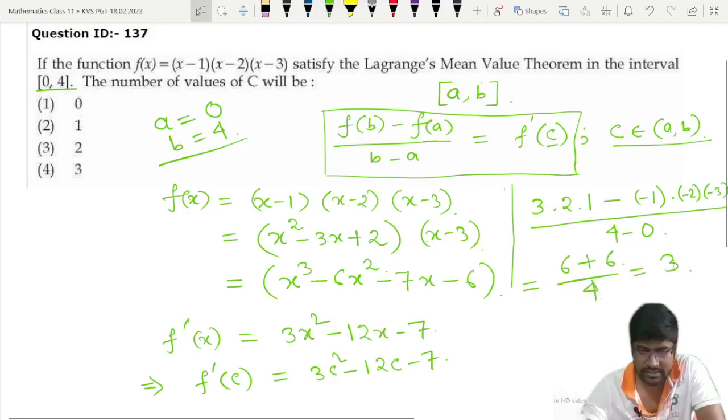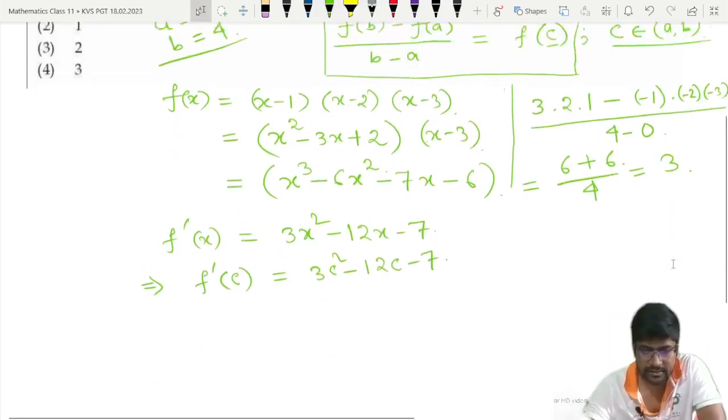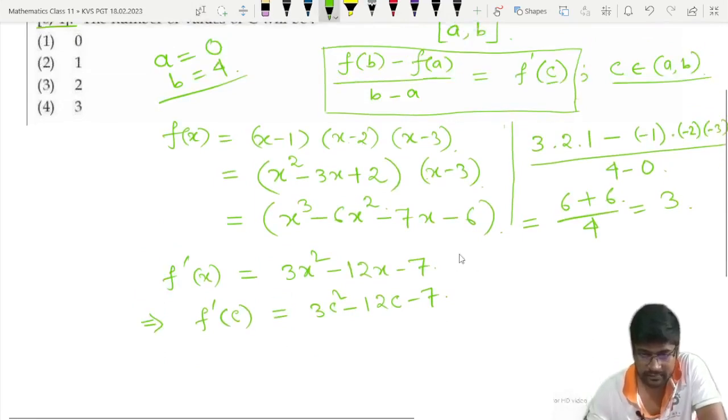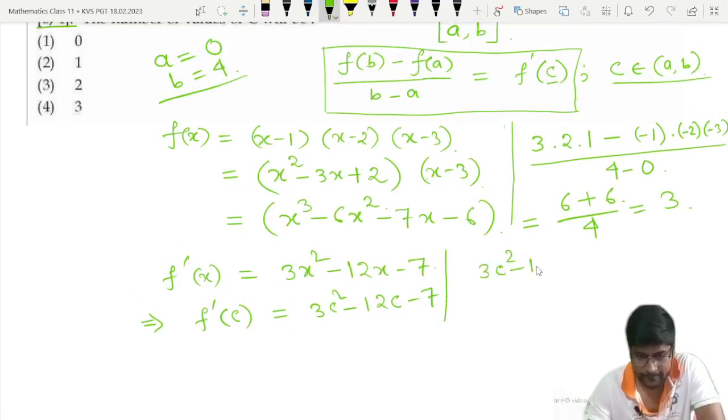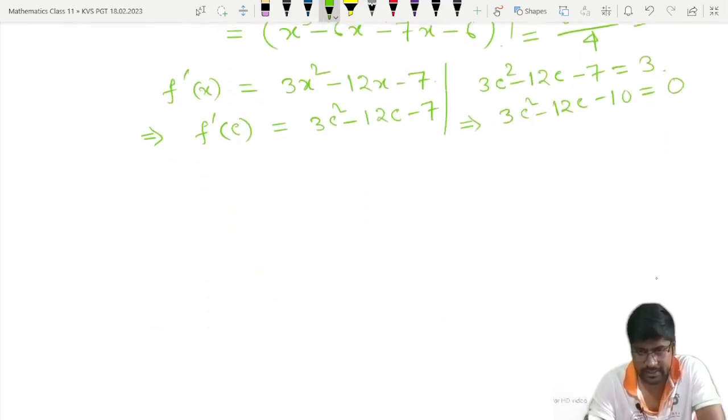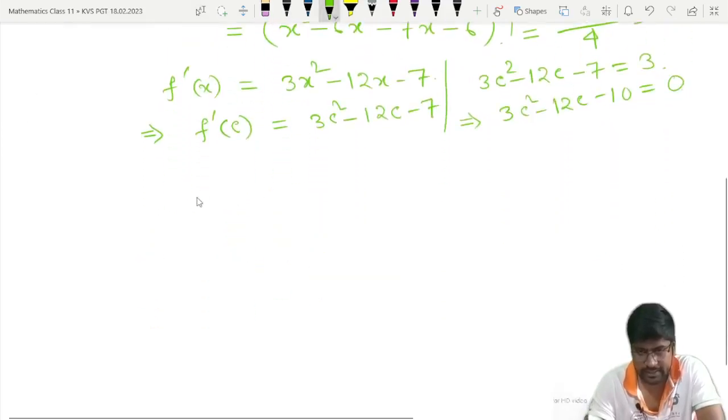Now this 3 will be equal to f dash c. f dash c we have already calculated. So 3c square minus 12c minus 7 will be equal to 3. Then 3c square minus 12c minus 10 is equal to 0. So now from here we will find the values of c.